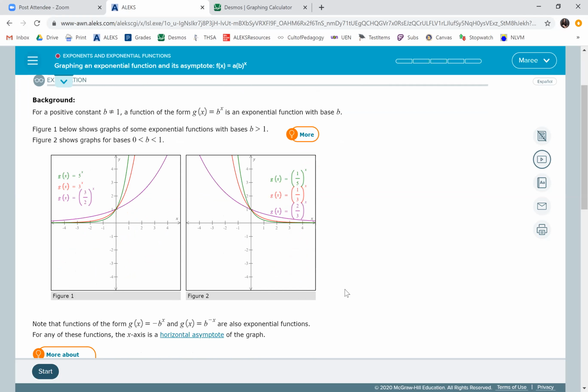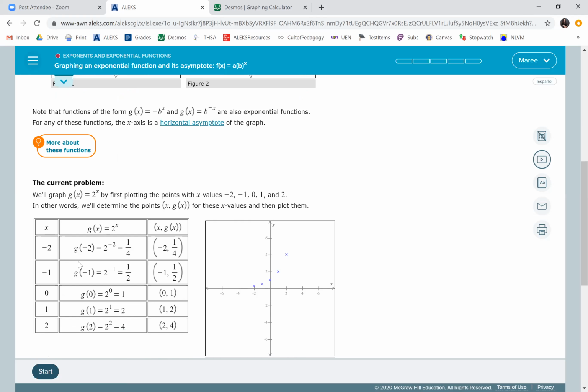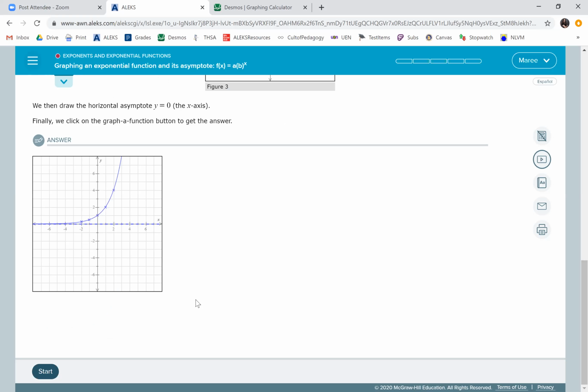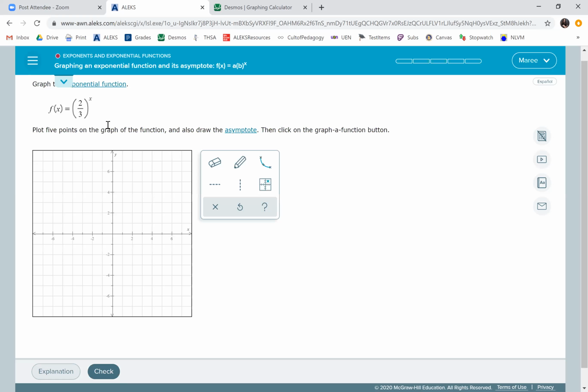You know what's really cool is you can actually graph it in Desmos and see what it looks like to see if you got it right. You can do a table of values and then plot the points, which is probably what I'll do. Anytime you raise a power to 0, like when x is 0, you're going to get 1.